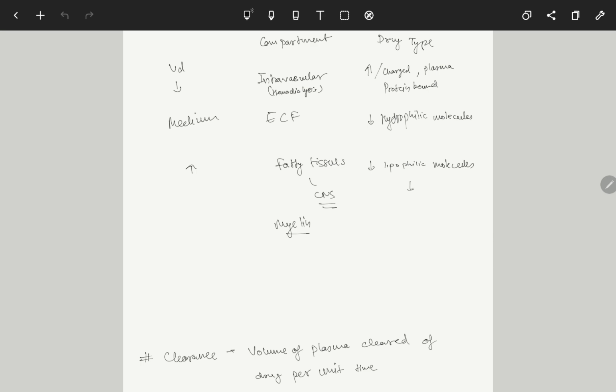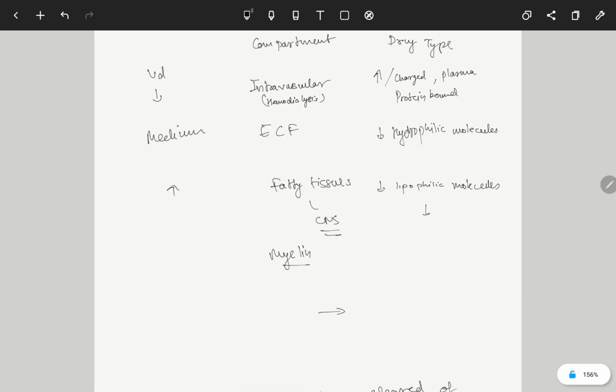Drugs with high volume of distribution are usually in fatty tissues, like CNS drugs, because the CNS has myelin sheath and lipids, so the drugs will go into those. This is important because those drugs will slowly come back into the bloodstream as well, so we try to titrate and adjust the doses if needed.